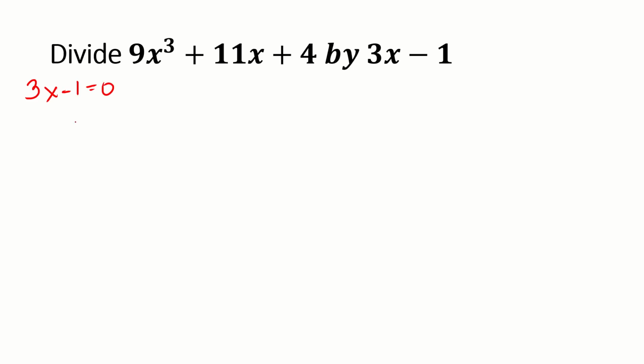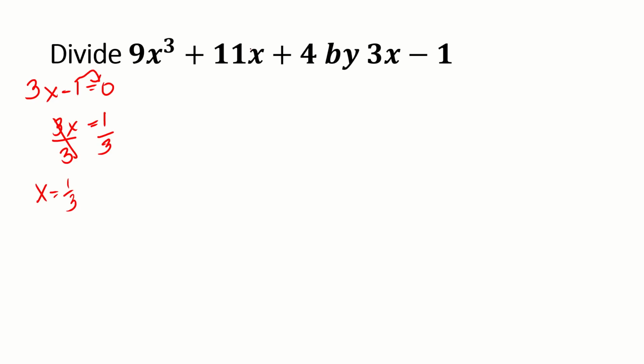Again, equate this to 0. Lipat sa kabila yung constant, yung negative 1, so magiging positive. So, we will have 3x is equal to positive 1. Then, to get the value of x, so divide by 3 para mawala yung 3 dito. So, x equals 1/3.